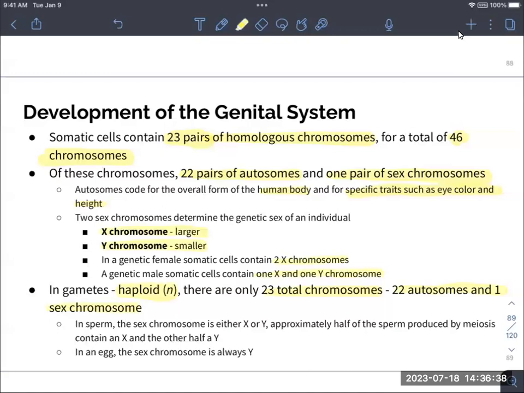The sperm is going to carry either an X or a Y chromosome. When they get split off during meiosis, one sperm will have the X and one will have the Y. In an egg, it's always going to have the X chromosome.